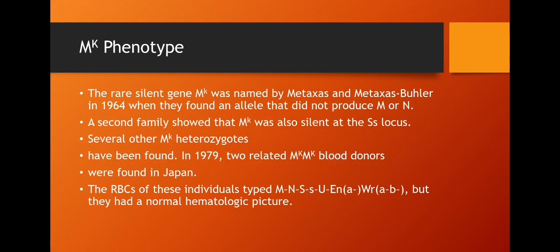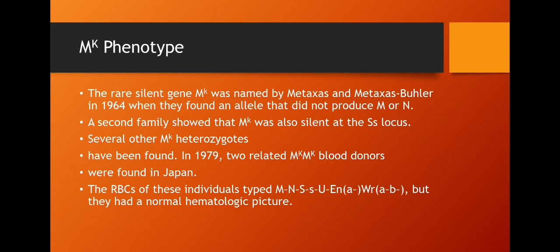Mk phenotype. The rare silent Mk was named by Metaxas and Metaxas-Bühler in 1964 when they found an allele that did not produce M or N antigen. So the Mk phenotype does not have an M or N antigen. A second family showed that Mk was also silent at the Ss locus.